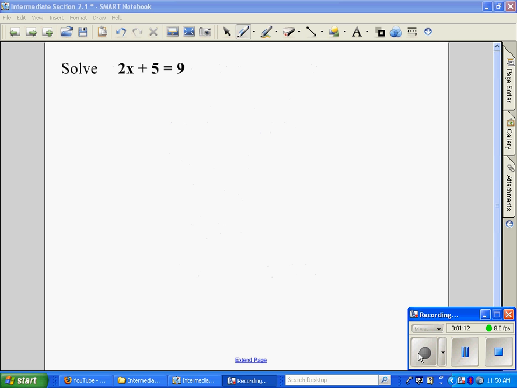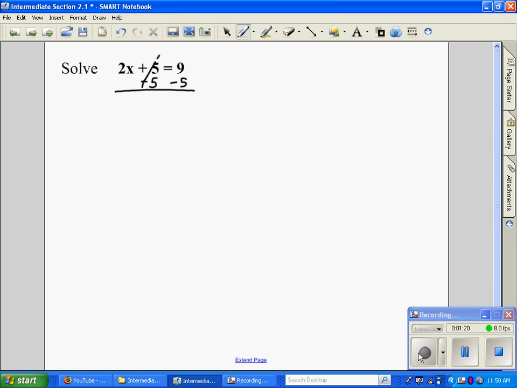Our next example is just a very basic equation. We want to get x by itself, so the first thing we want to do is subtract 5 from both sides. Whatever you do to one side, do to the other. Bring down 2x equals 4. We want to divide both sides by 2 to undo that, so we get x equals 2.